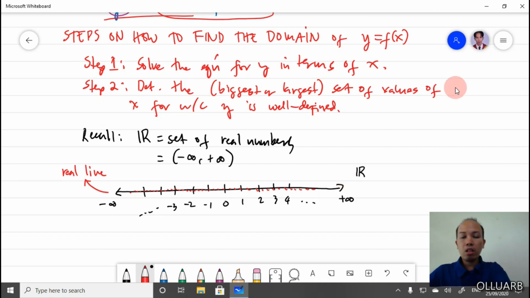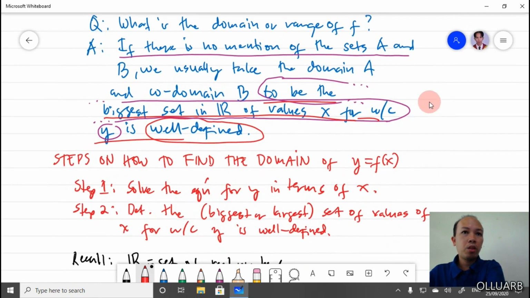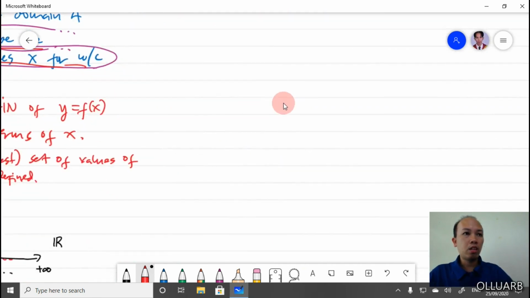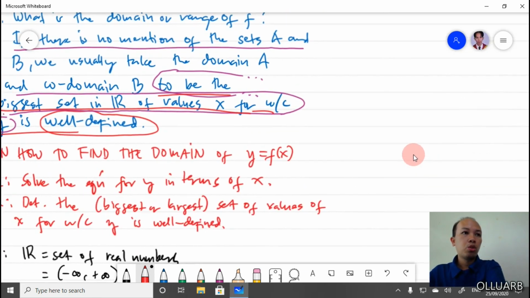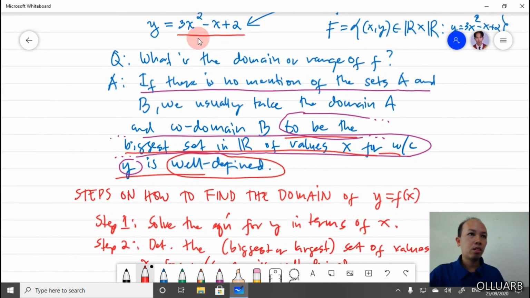So going back to our question, if you are given this equation, 3x squared minus x plus 2, and you are asked to find the domain, is there an x, a real number, for which the right hand side is not well defined?